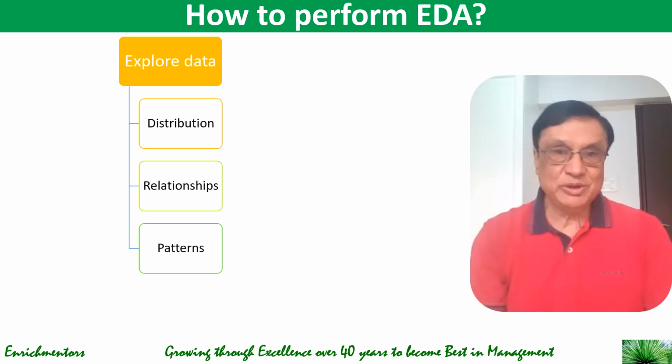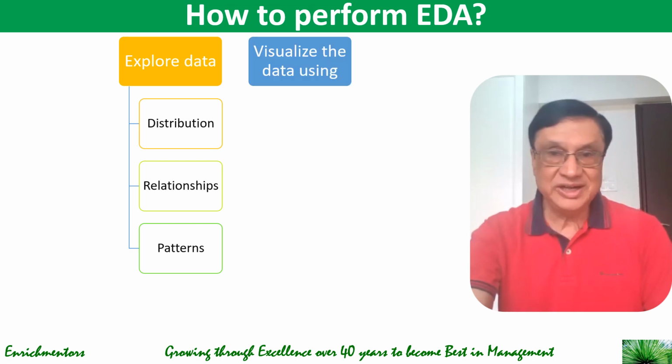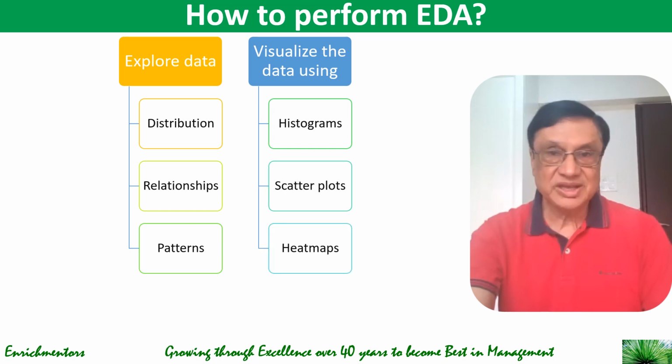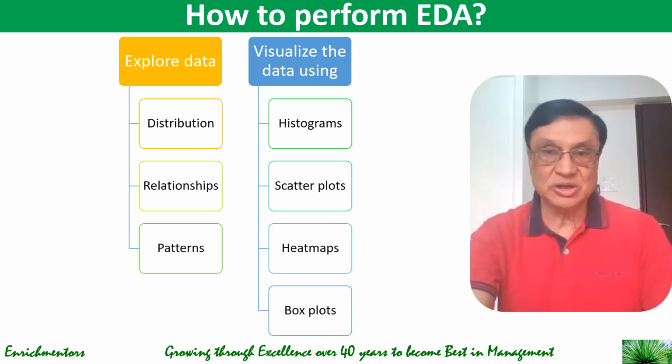In this exploratory data analysis, you understand the distribution, the relationship between the data, and whether a pattern is emerging. You can do this by visualizing the data using things like histograms, scatter plots, heat maps, and box plots. We covered EDA in earlier lectures, in a section by itself right in the beginning after the problem analysis. So it's a recap of what we talked about there.